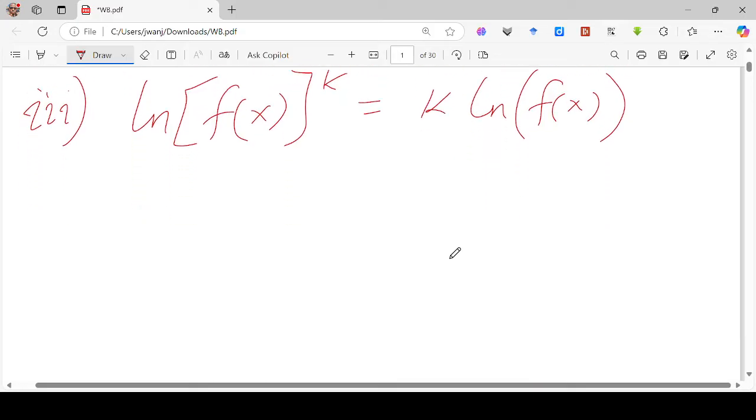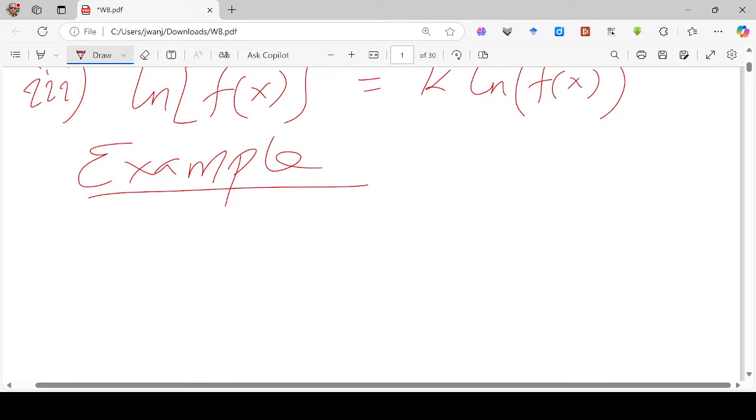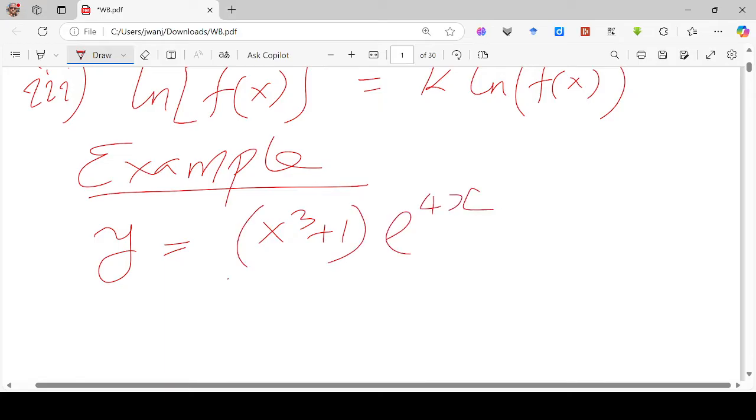Now we're going to look at an example. We just do one example. We want to find dy/dx, given the function y equals x cubed plus 1 multiplying e raised to power 4x, divided by cosine of 2x.